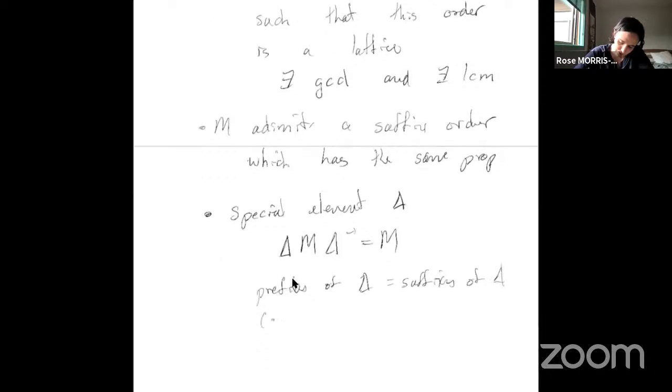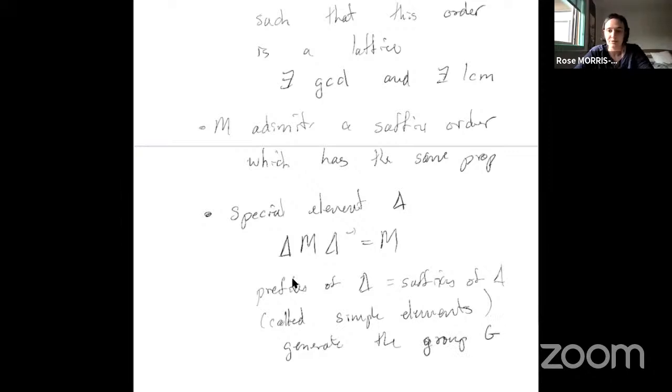These are called the simple elements, and these have to generate my whole group. So my generators in my standard presentation might be examples of simple elements, but there might also be more simple elements. Or you could have a Garside structure for a different presentation of your same group.